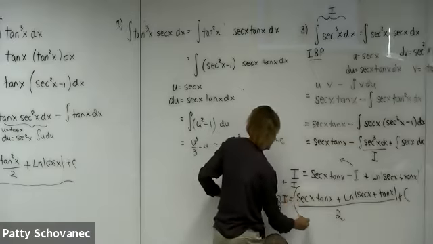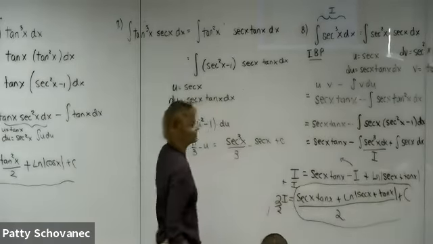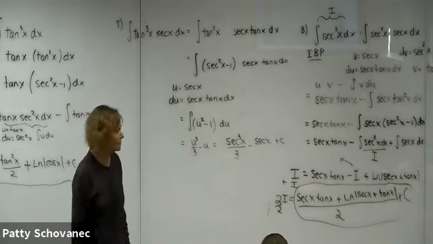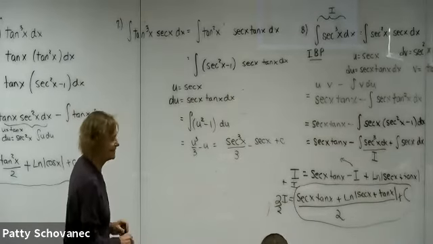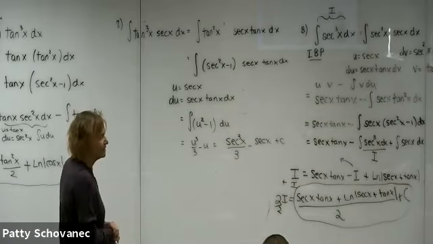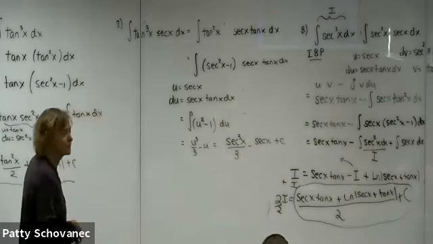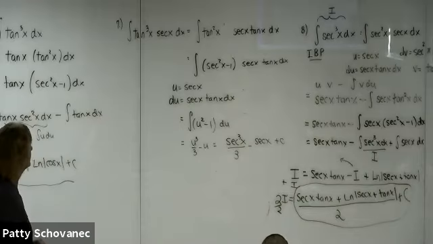It feels weird to add the plus C afterwards. Well, I just didn't want you to get confused about dividing your C by 2 and driving yourself nuts. I always put the C when I know I'm done. That's kind of like putting a period at the end of the sentence. I have a question. One way that I've almost always written C is I'll always just put it before the integral.